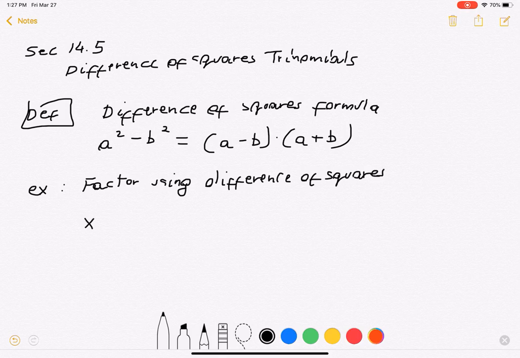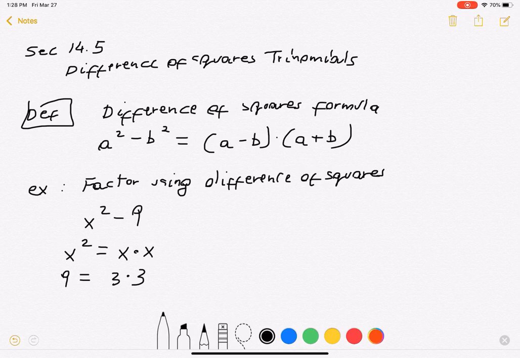And I will give you x squared minus 9. Okay, so you have a difference of squares. Why do we call it difference of squares? Because 9 is a perfect square, and x squared is a perfect square. Again, x squared is a perfect square because x multiplied by itself will give you x squared. 9 is a perfect square because 3 multiplied by itself will give you 9.